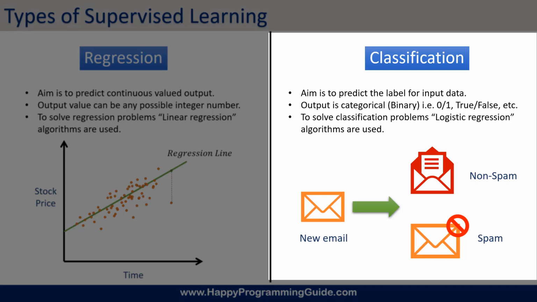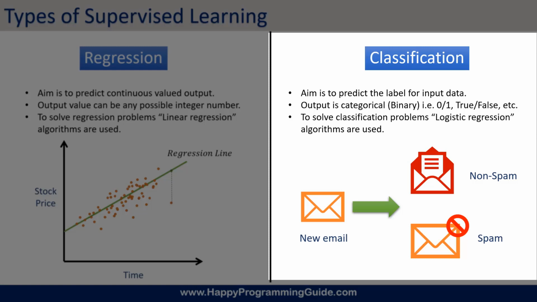For example, in a color identification problem, where the shown color is red, blue, or yellow, or in the case of an online shopping portal, from the browsing pattern and history of a customer, determining whether he will purchase the product or not. In the case of weather forecasting, it would be like, will it rain today or not? So here in classification type of machine learning, the answer will be in binary format like yes, no, true, false, 0, 1, like that.